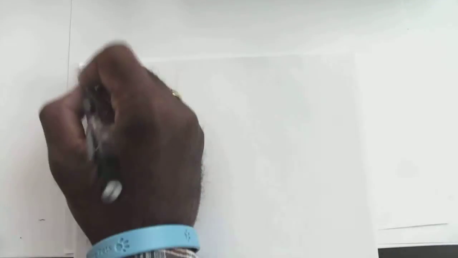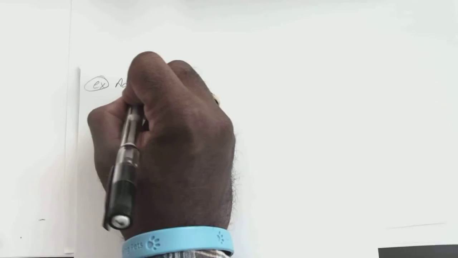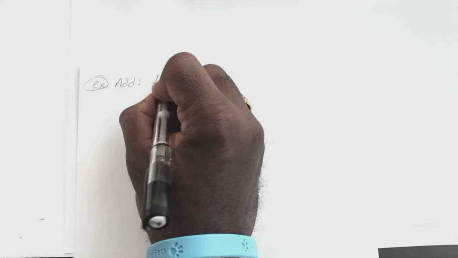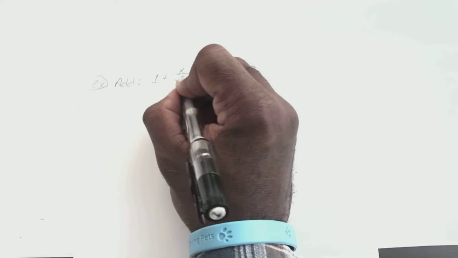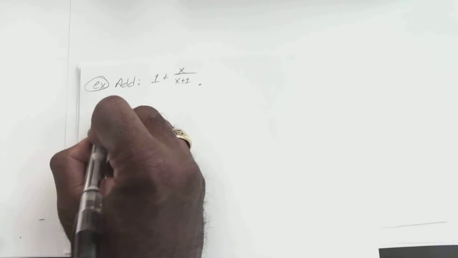Okay, so let's say for this example, you wanted to add 1 plus x over x plus 1. When you run across one where you just have a number plus a rational expression, these are actually easier.